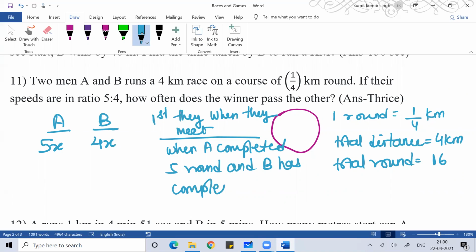So you need to understand that the first time they meet, A has completed 5 rounds and B has completed 4 rounds. Next time when they'll meet, you can understand this.